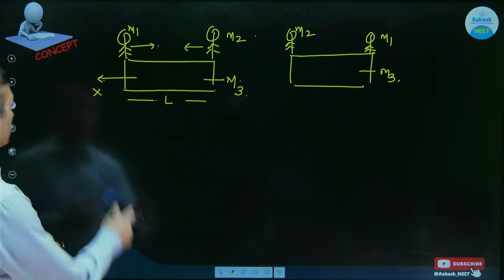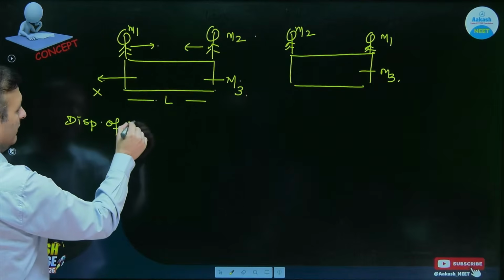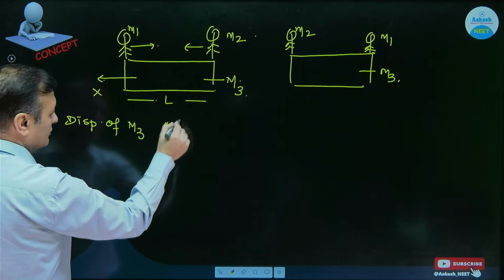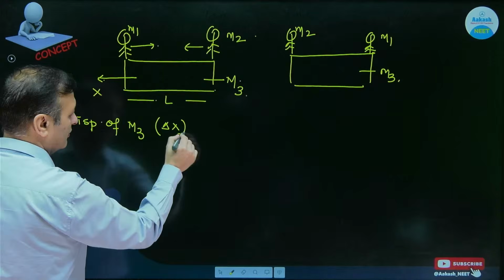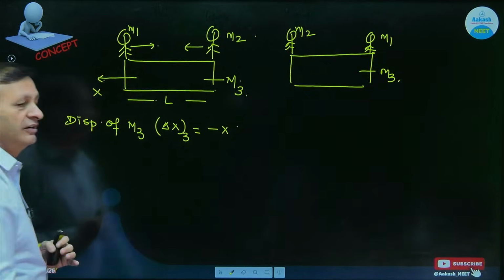So what is the displacement of m3 with respect to x? Let's call it delta x3. So delta x3 is x, and that too is on the negative side.